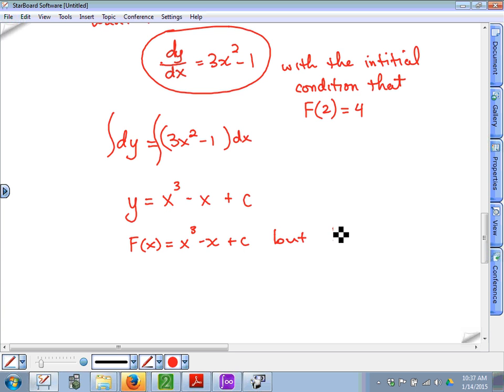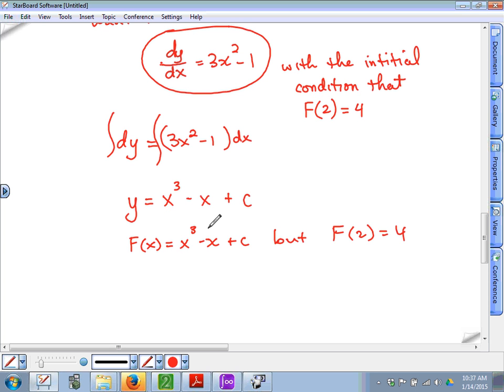But we know that capital F of 2 is equal to 4. Put in 2 for all the x's. And then you're going to solve for c. Do you see what's happening here?